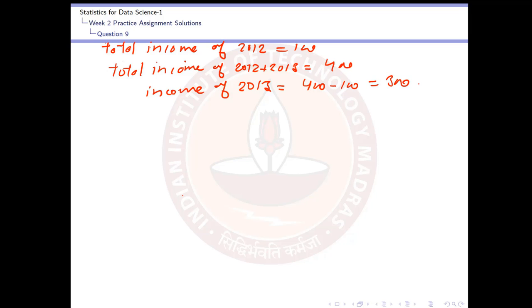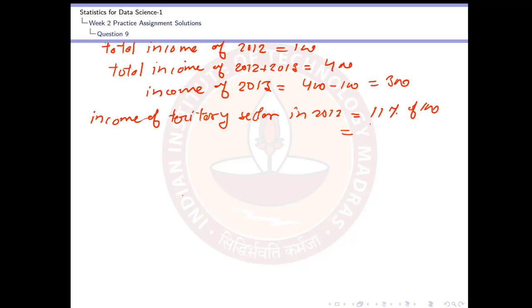Now I am to find the income of territory sector. Income of territory sector in 2012 is given as 11% of 100 in the pie chart, so 11% of 100 is 11.